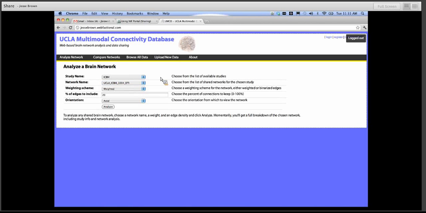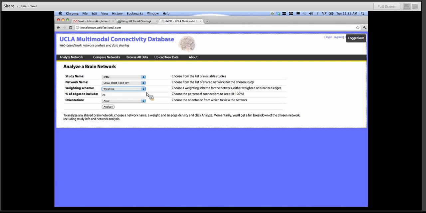For this analysis, one thing I didn't mention when I was talking about graph theory is that one decision that has to be made is whether to leave the matrix in a weighted form, such that the different connections have different strengths or weights. The alternative method is to binarize the network, which sets all connection strengths that exist to 1 and everything else to 0. These two methods have their pluses.